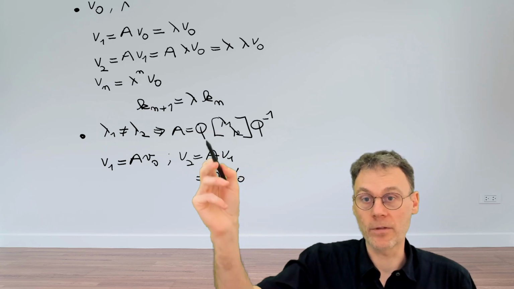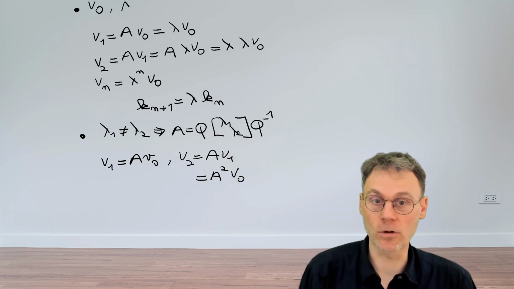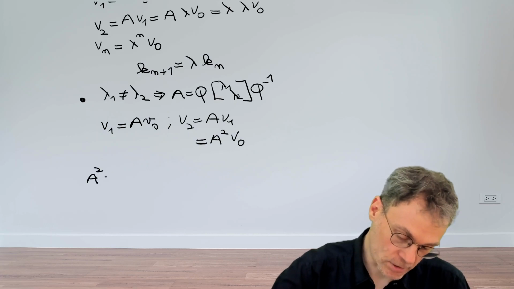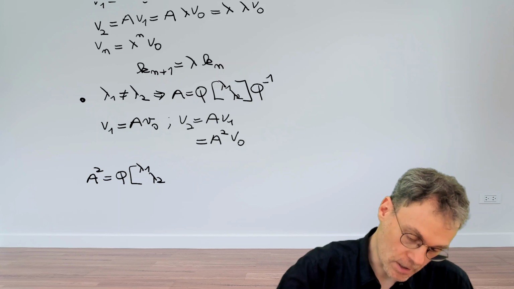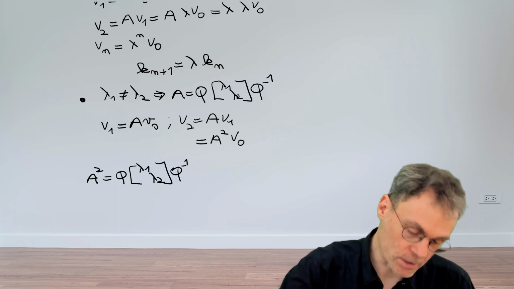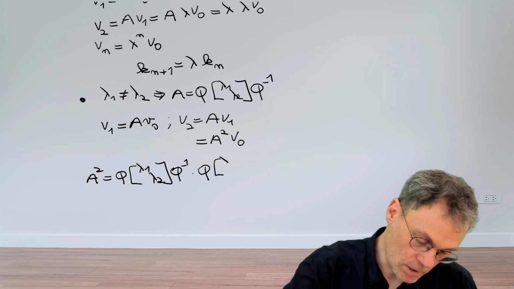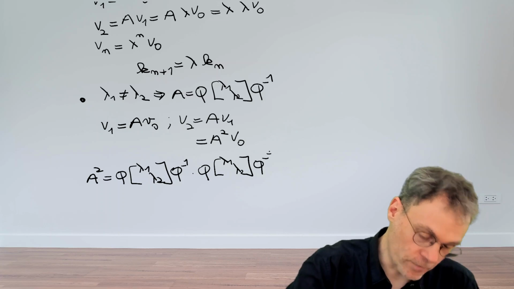Now, because we have this particular form of this matrix, this actually simplifies the calculations a lot. If you calculate, let's say, A squared, this is going to be Q diag(lambda 1, lambda 2) Q minus 1, and then we copy and paste, giving us Q diag(lambda 1, lambda 2) Q inverse.